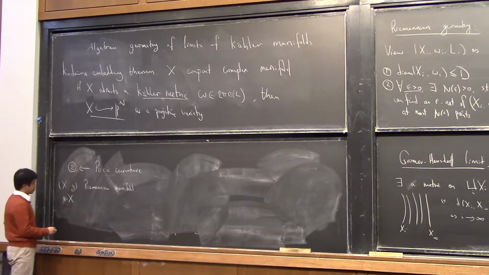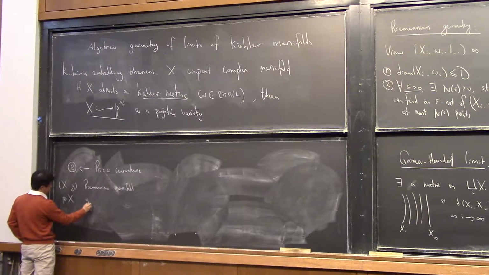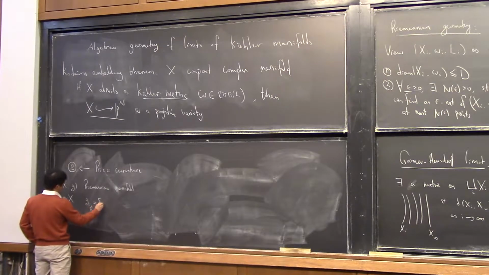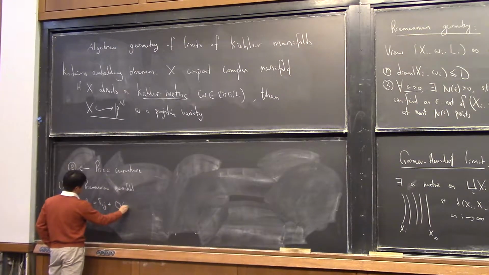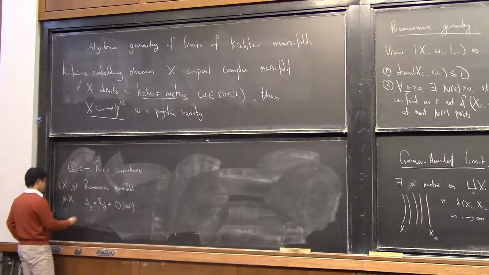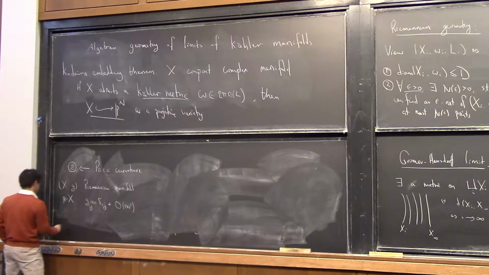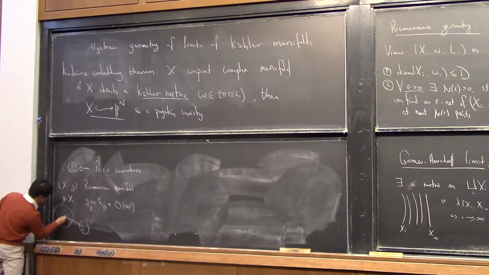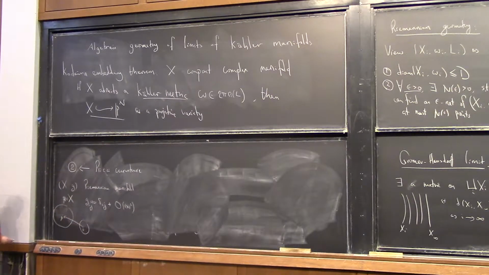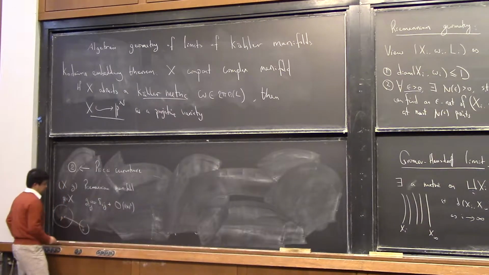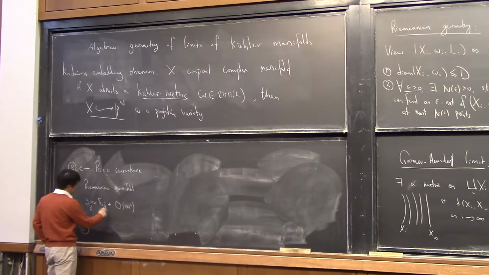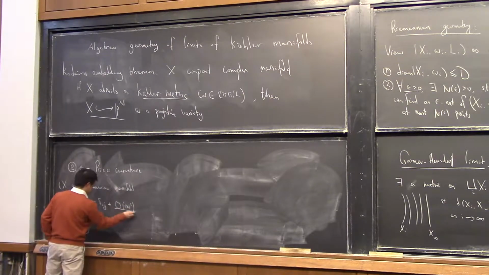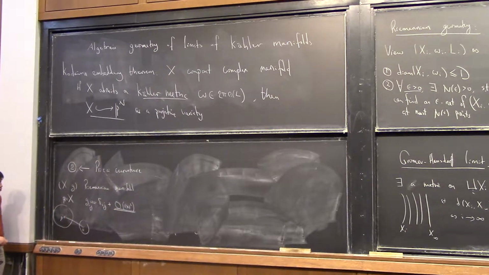It's called normal coordinates, in which the Riemannian metric tensor can be written via a Taylor expansion. This is the coordinate chart with 0 at p. The Riemannian metric tensor has a Taylor expansion with vanishing first order term, and the second order term includes the curvature of this Riemannian metric.